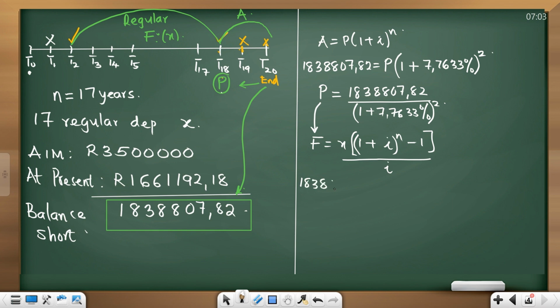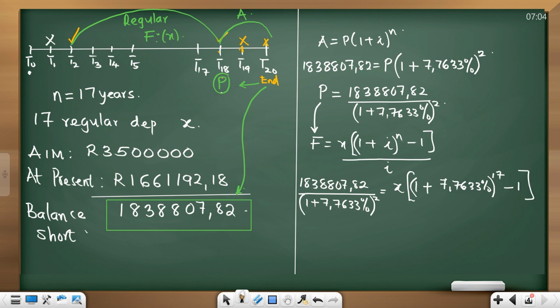1838807.82 over. You can find a value here, but I just want to use my calculator once. And all of this was to strengthen your algebra. We don't know X. 1 plus 7.7633%. We said the total number of deposits is 17 minus 1, all right, over 1 plus my interest rather. My interest is 7.7633%.